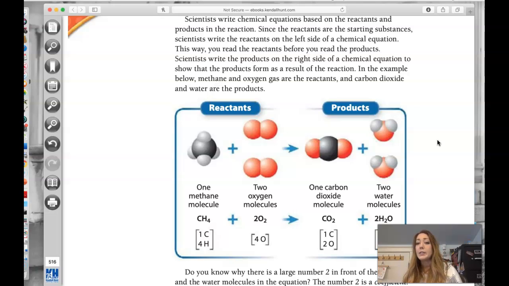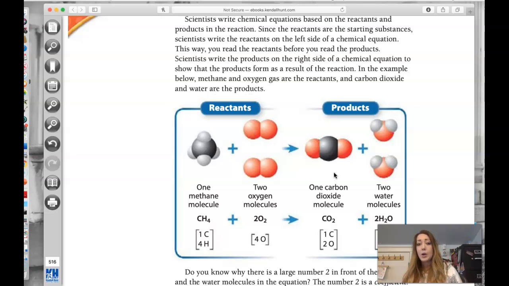Scientists write the products on the right side of a chemical equation to show that the products form as a result of the reaction. In the example below, we have one methane molecule, CH4, reacting with two oxygen molecules, so 2O2, so 4 oxygens total. Those are our reactants.